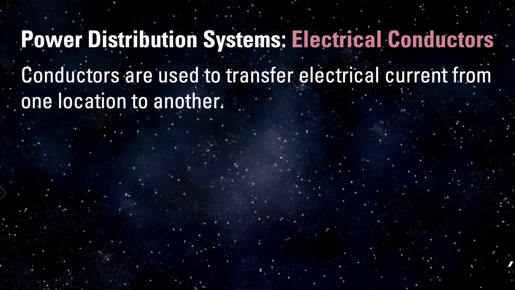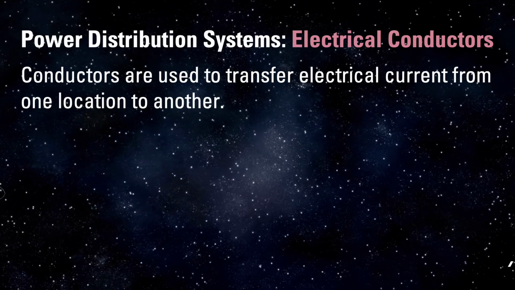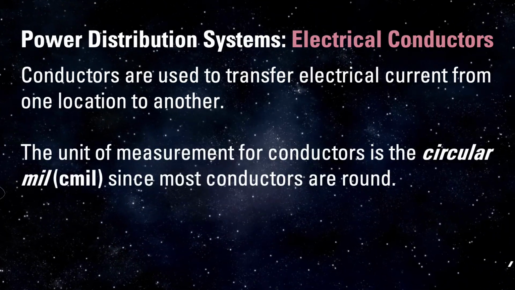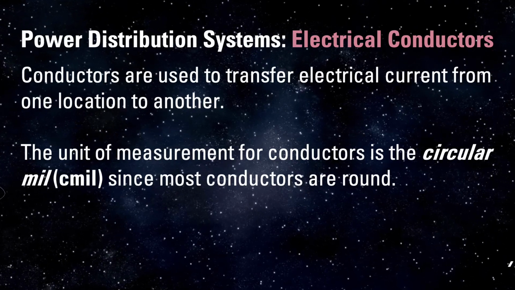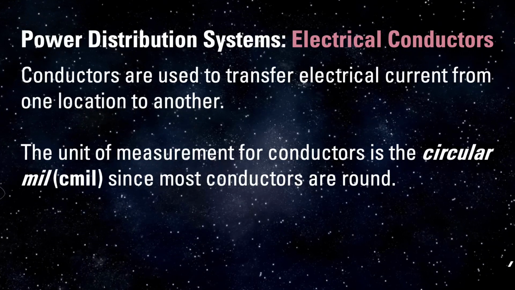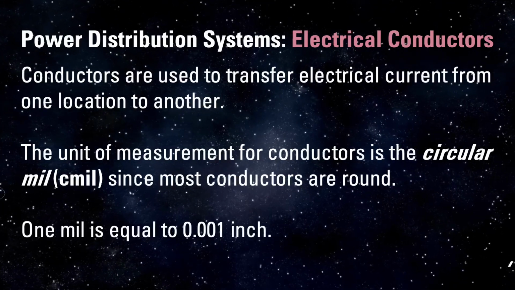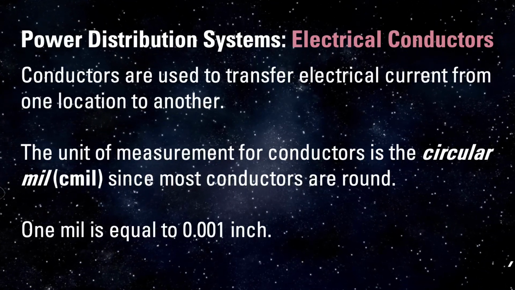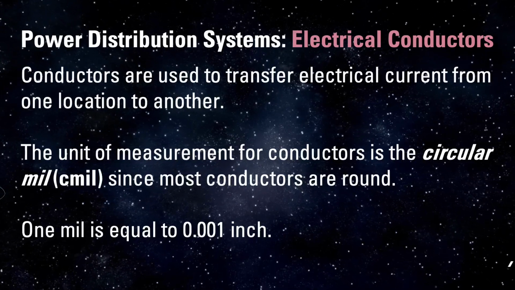Conductors are used to transfer electrical current from one location to another. The unit of measurement for conductors is a circular mil, or C-mil, since most conductors are round. 1 mil is equal to 0.001 inch.